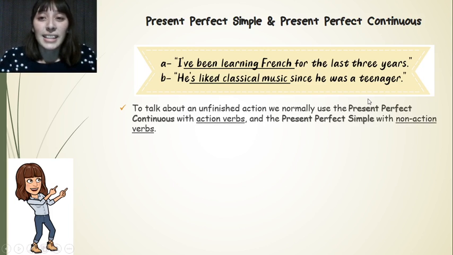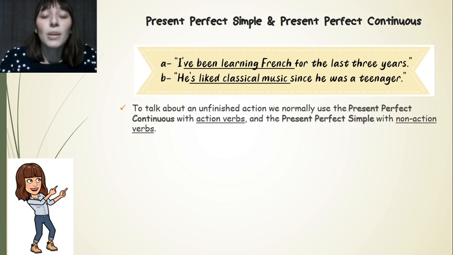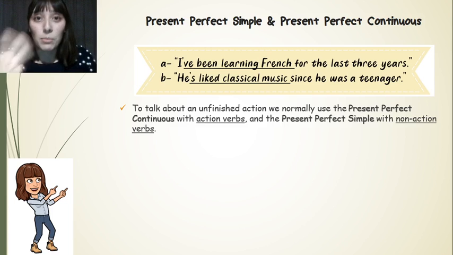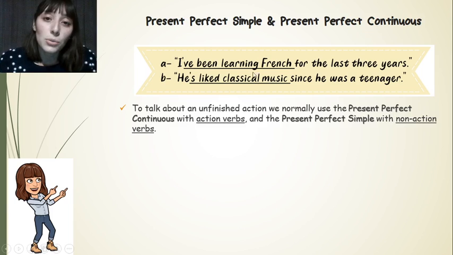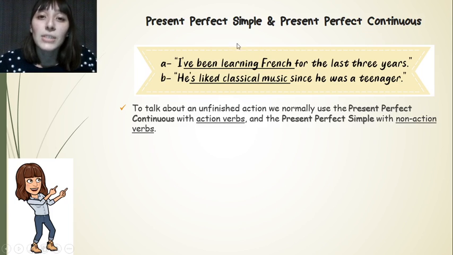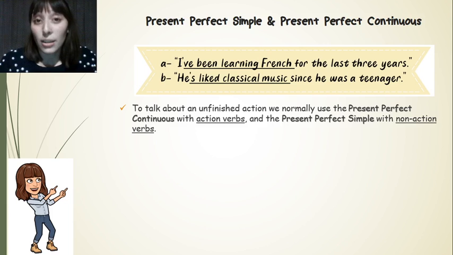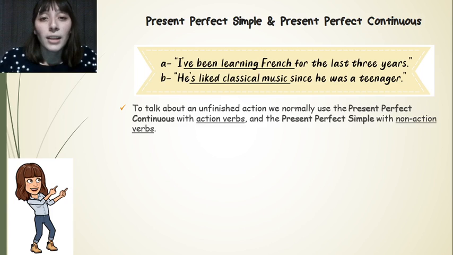So here the difference is that action verbs, meaning the verbs that express movement or an action, are normally used with the present perfect continuous, as in example A. And the non-action verbs, the verbs that don't express actions, what we call the stative verbs, are used with the present perfect simple. So for example in example B.